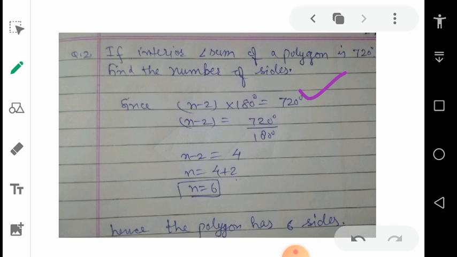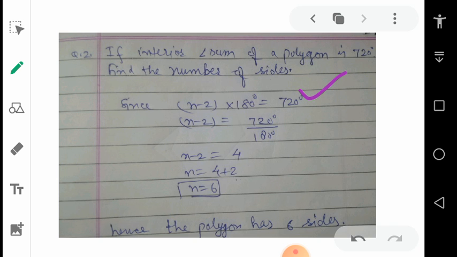Then, as it is a linear equation, in previous videos you have learned how to solve linear equations. So first we will separate the 180 degree, using the BODMAS rule. Then n minus 2 becomes 720 upon 180, and 180 divides 720 4 times, so n minus 2 is 4.